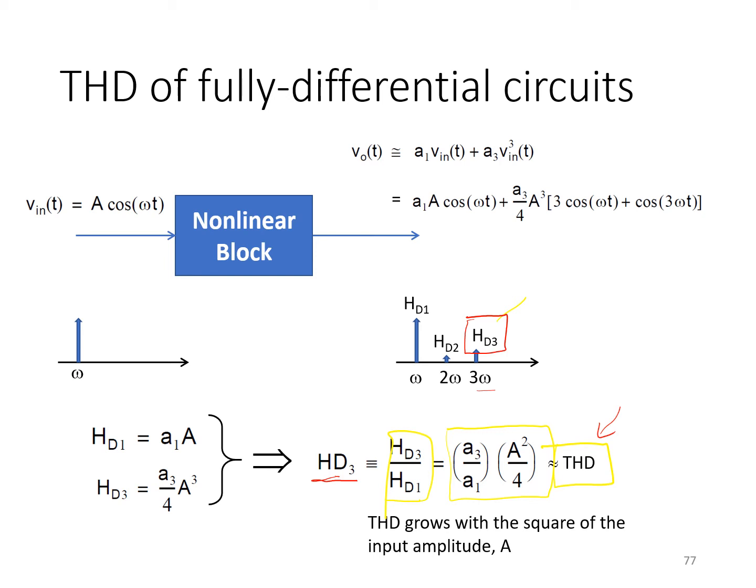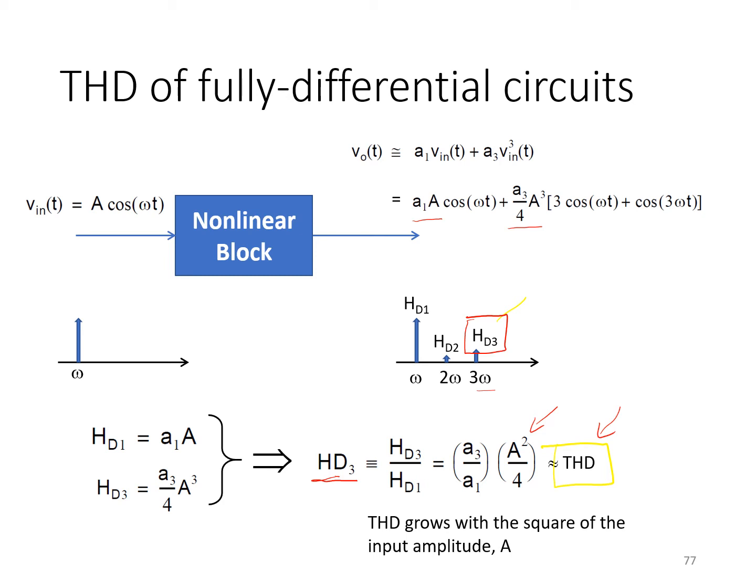Now, a key point here that you'll notice is that since the third order harmonic grows with A cubed, but the linear term just grows in proportion to A, you end up seeing cancellation of one of the A terms, and you end up with an HD3 that's proportional to A squared.